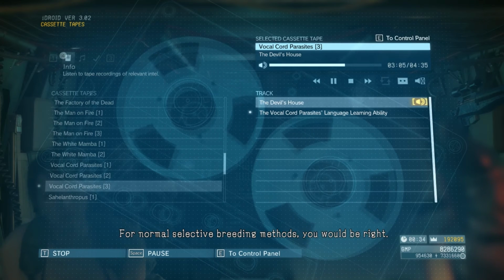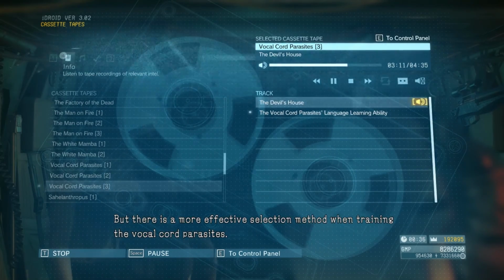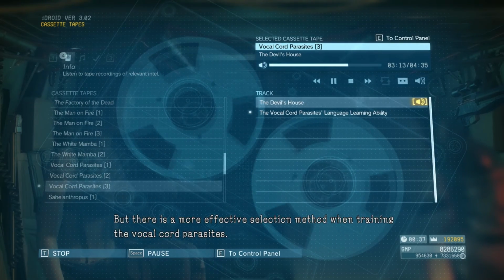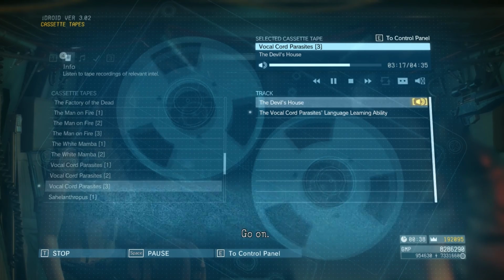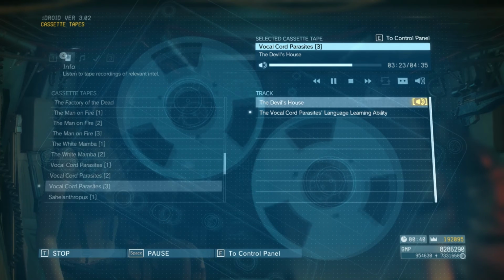For normal selective breeding methods, you would be right. But there is a more effective selection method when training the vocal cord parasites. Go on. It is not only when mating that the parasites listen for language.